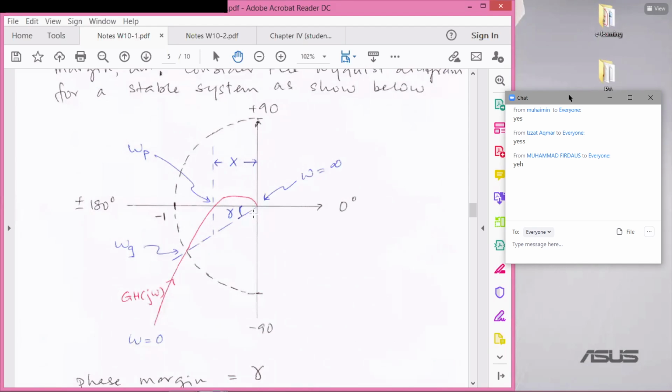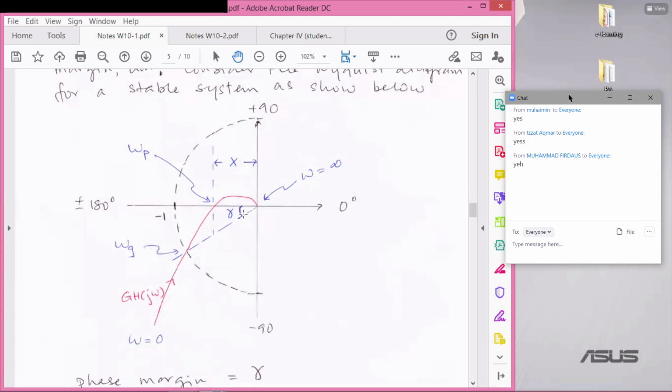You draw a line to the origin, and that angle is known as the phase margin. So when the phase margin is getting smaller and smaller, you know that the system is getting closer and closer to becoming unstable. With a large phase margin, the system is more stable. With a smaller phase margin, the system is closer to unstable.